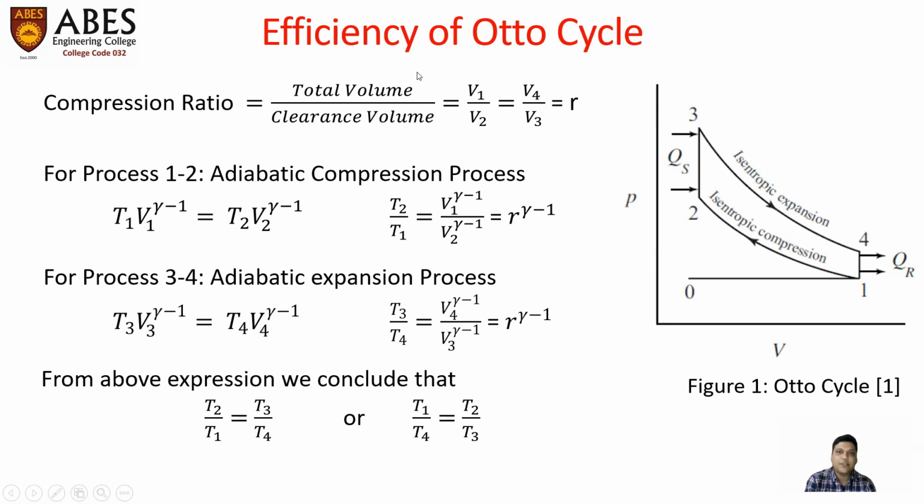Now, from these two expressions, we can find that both are equal to r to the power gamma minus 1. Therefore, T2 upon T1 is equal to T3 upon T4. After rearranging again, T1 upon T4 is equal to T2 upon T3.